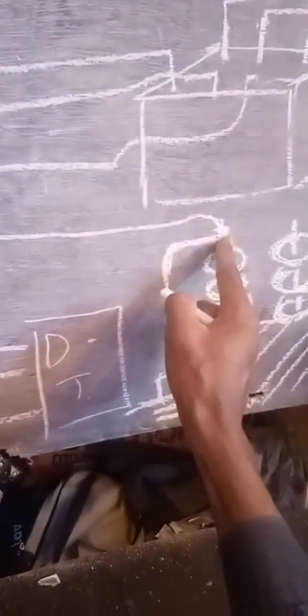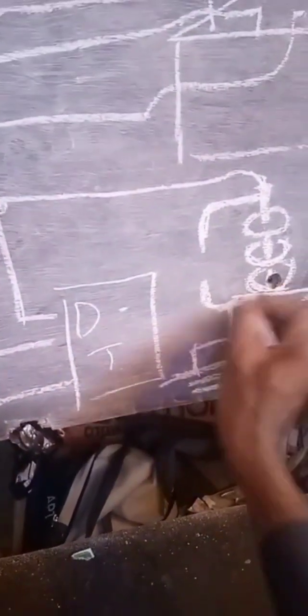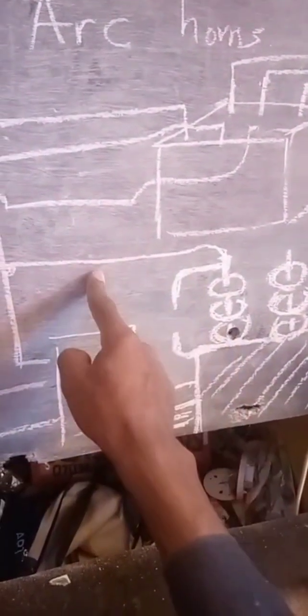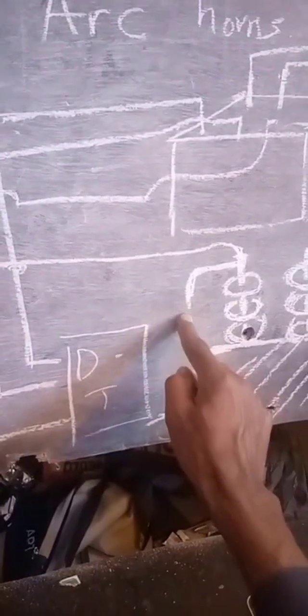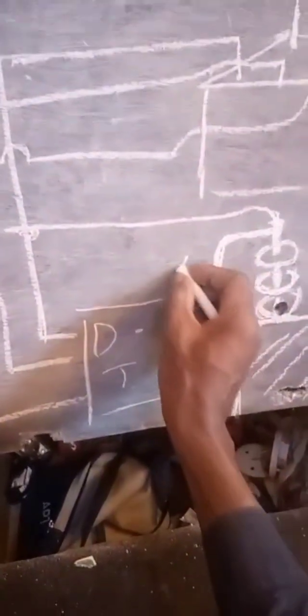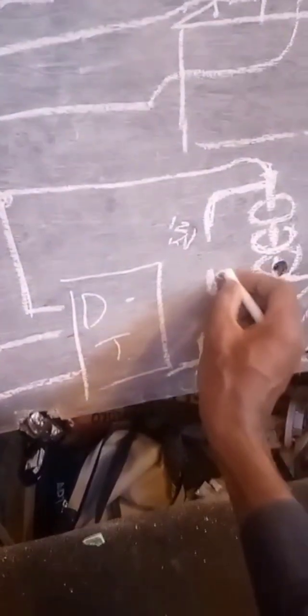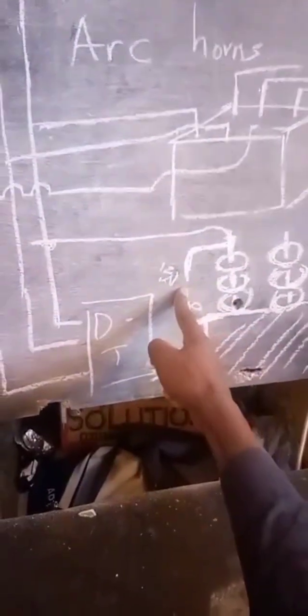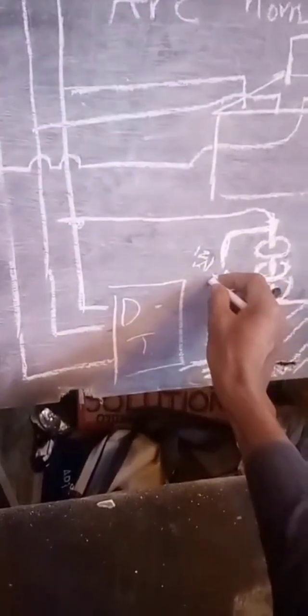So this high voltage can be regulated using this horn. That is, if here is 12 kV, the distance between this grounding and this horn, remember, here is 12 kV and here is 0 volts. If this voltage exceeds the rated voltage, there will be an arc here.